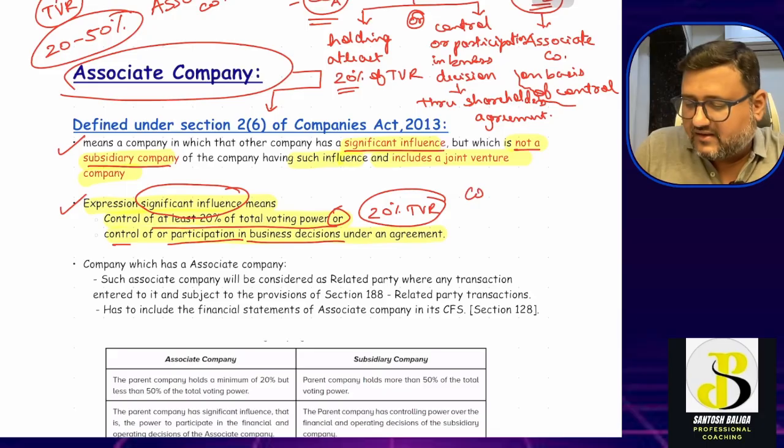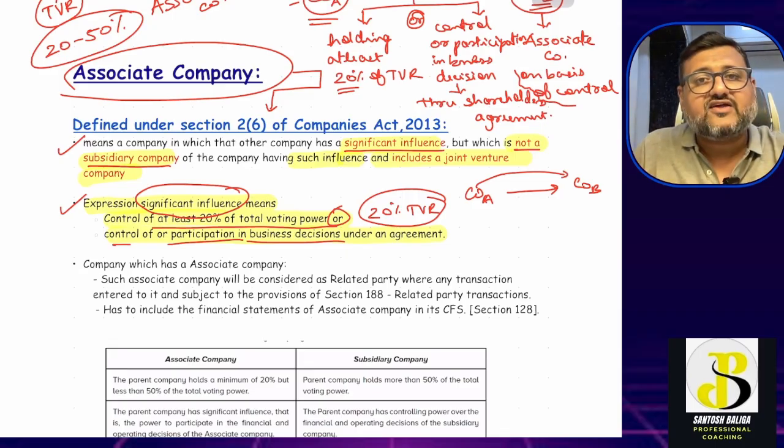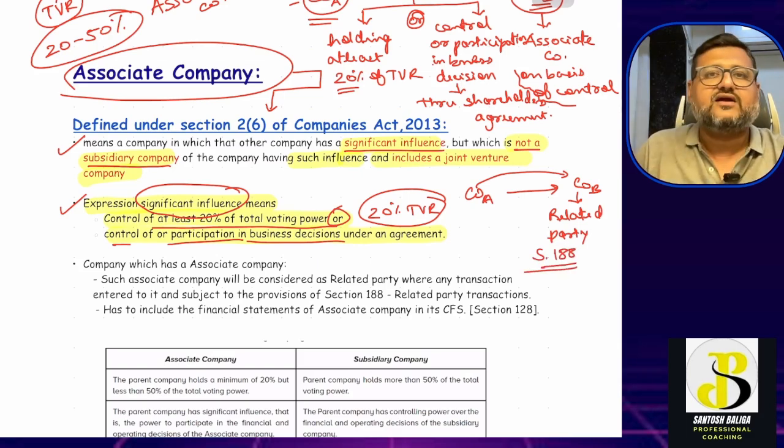Say company A has an associate company, company B. Any contract or transaction that is done by company A with company B will be considered a related party transaction as per section 188 of the Companies Act.